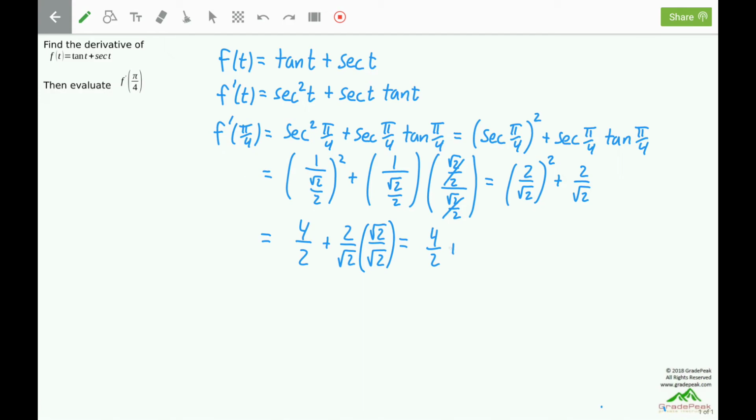So I have 4 over 2 plus 2 root 2 over root 2 times root 2, which is a 2. We can reduce down the 4 over 2, that's a 2. And the 2's here can cancel, so it'll be 2 plus root 2.